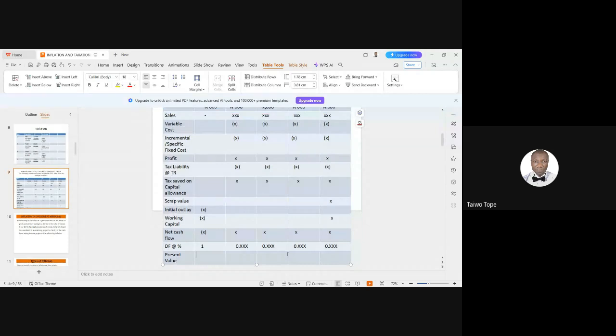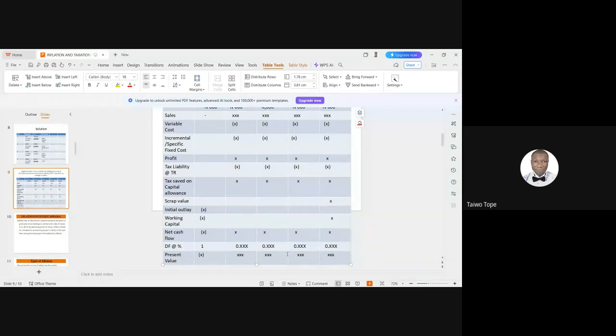So your present value, as at this point, is negative. As at this point, you have a value. Once you multiply, you have a value at each point.